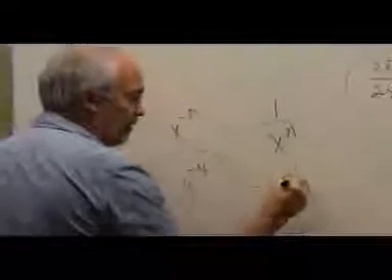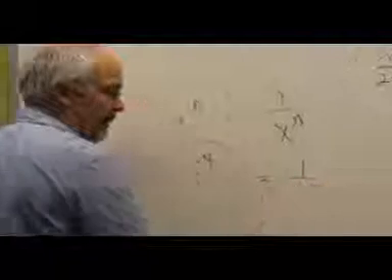Tell me what this is. x to the negative 4th power. Now look at your book. Look at the rules that you're supposed to follow, okay? So x to the negative 4th equals 1 over x to the 4th.